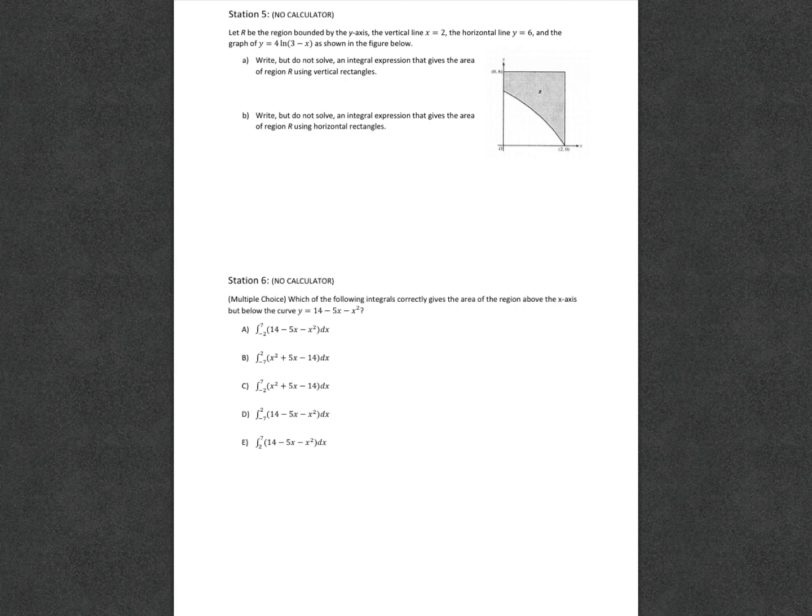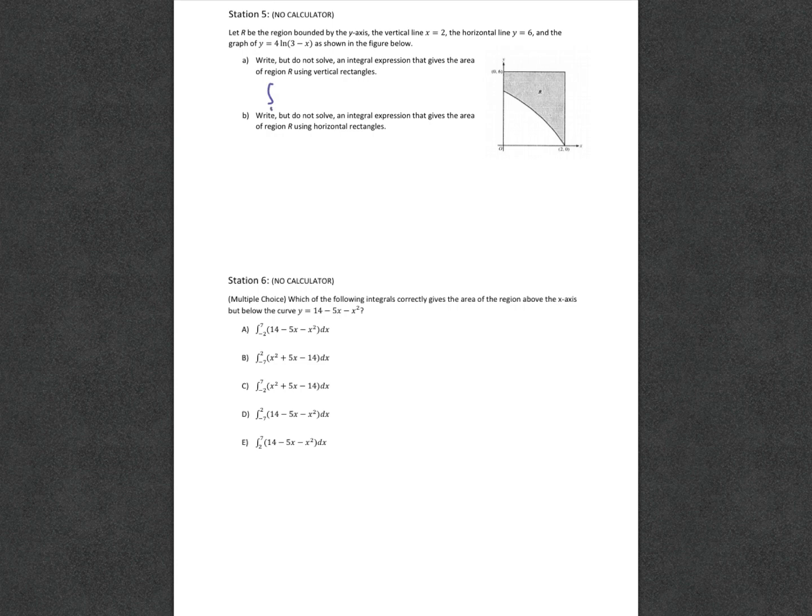Okay, this will be easy using vertical because, first off, if we're going to be using vertical rectangles, that just means doing top minus bottom. And here, for the area of the shaded region, it has a clear top the whole time and a clear bottom the whole time. And our functions are already solved in terms of x, and we know the limits, 0 to 2. So this one will be easy to do.